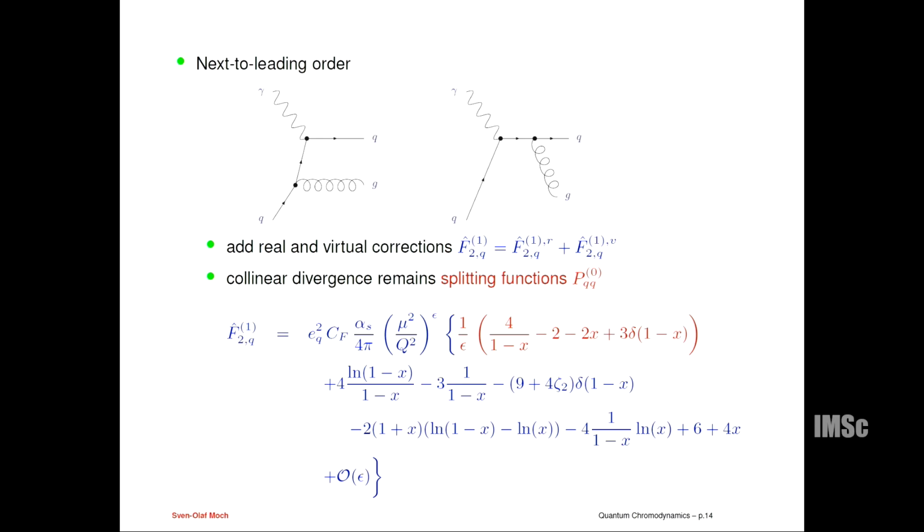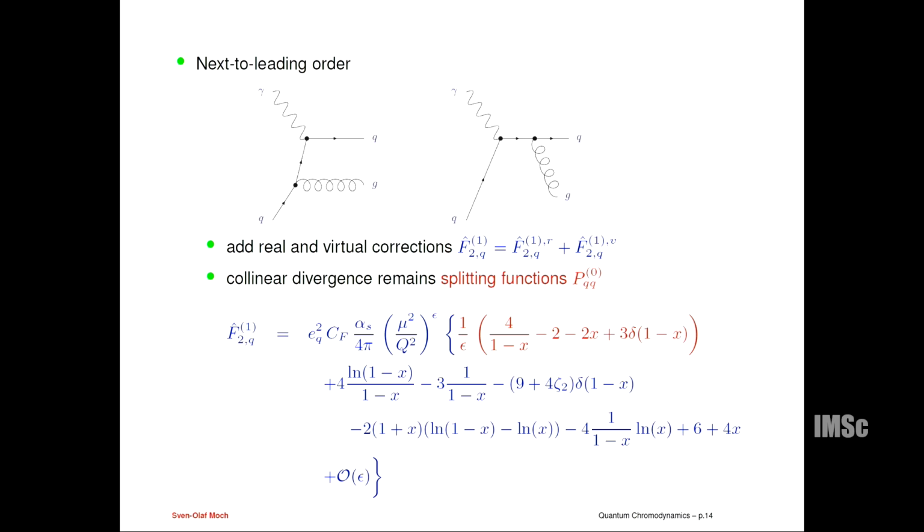Now if you take a sharp look at this function, this 1 over epsilon pole multiplying this polynomial in x is again the QQ splitting function at leading order in QCD that we have already discussed yesterday, when we were looking at how we can understand gluon emission in jet processes.